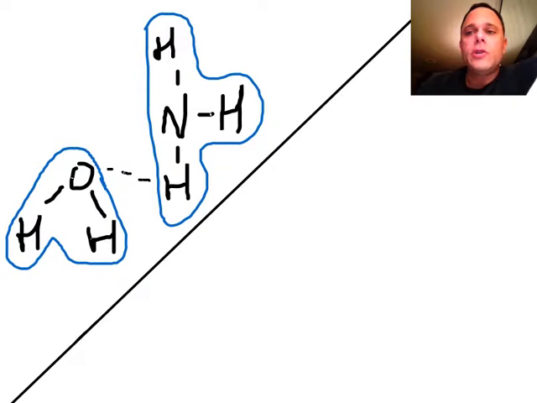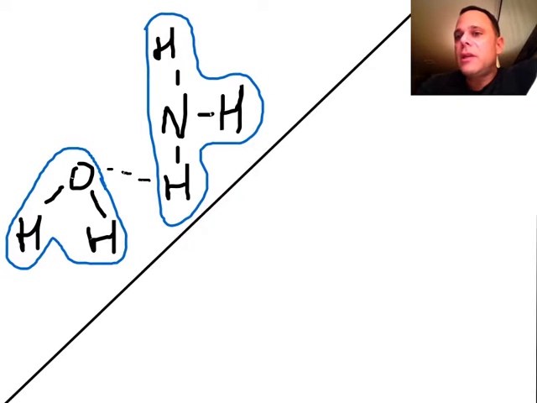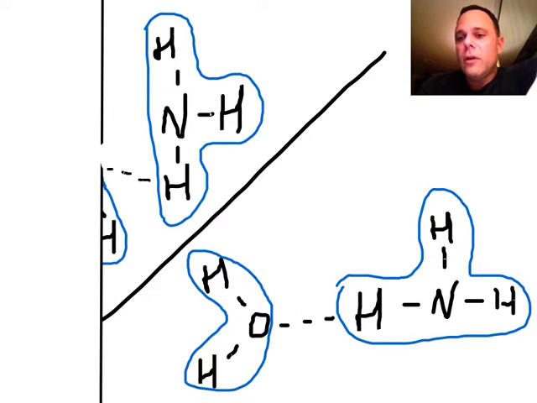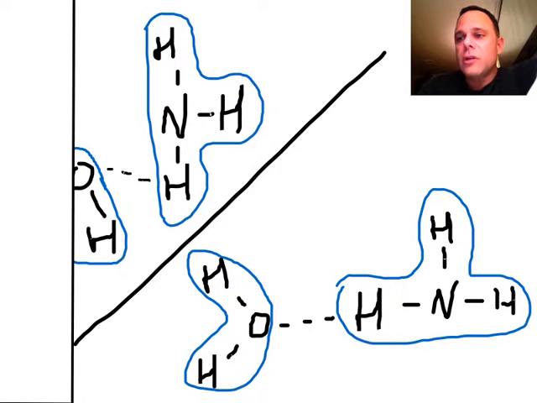So what I did here is I drew one water next to one ammonia to show that the slightly negative charge on this oxygen could attract the hydrogen of a separate molecule altogether. And I have that depicted here as well, that the oxygen could be attracted to the hydrogen of a different molecule. Now also note how I drew the hydrogen bond this time.